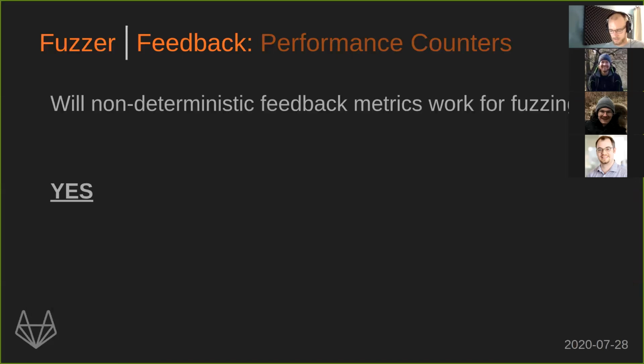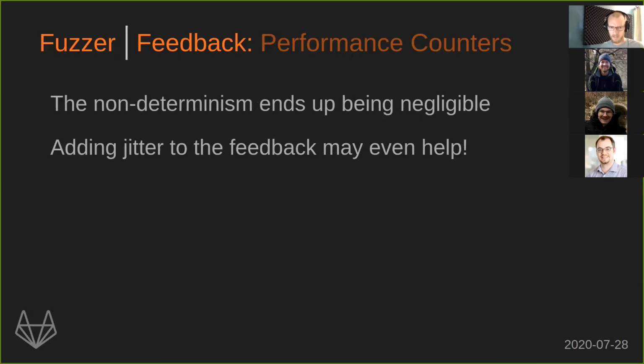So if you use performance counters that don't change too much, even though it's non-deterministic, it still works just fine. And actually, I think it might even help the process. Adding some jitter to the feedback will cause you to save extra inputs that are interesting just because of the jitter, but that could help you in the fuzzing process to not give up on certain paths too early.